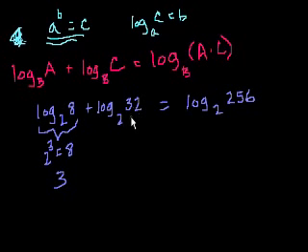2 to what power is equal to 32? Let's see, 2 to the 4th power is 16. 2 to the 5th power is 32. So this right here is 5. And 2 to what power is equal to 256? Well, if you're a computer science major, you'll know that immediately, that a byte can have 256 values in it.